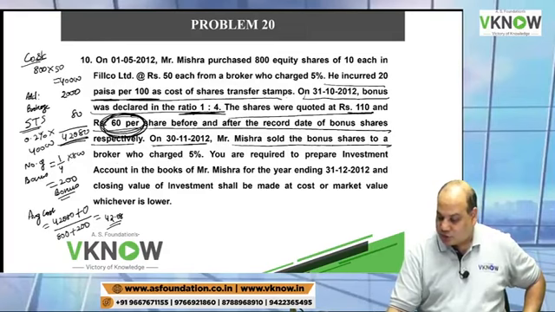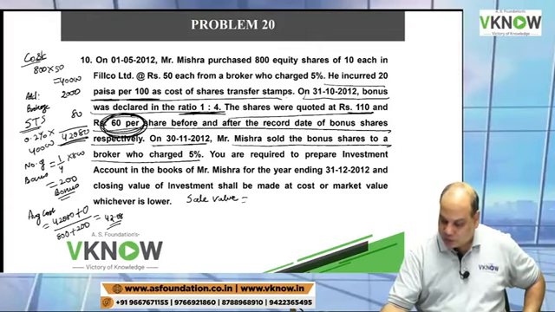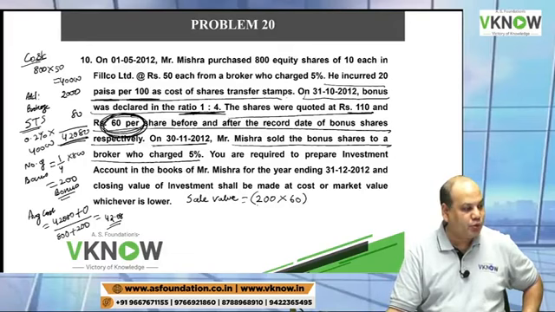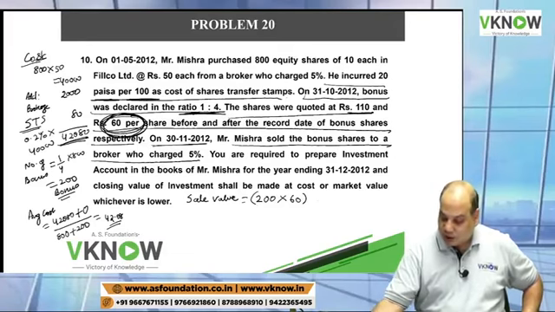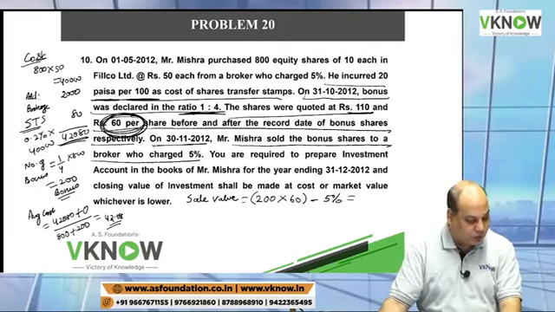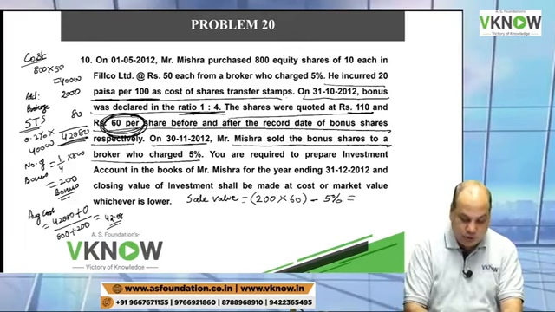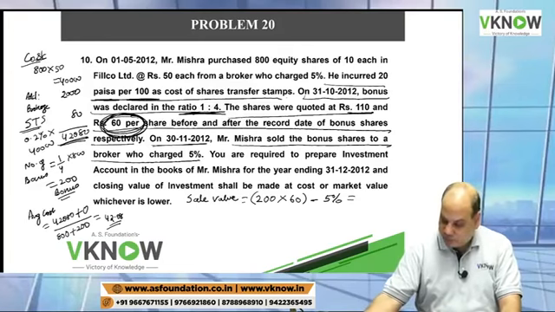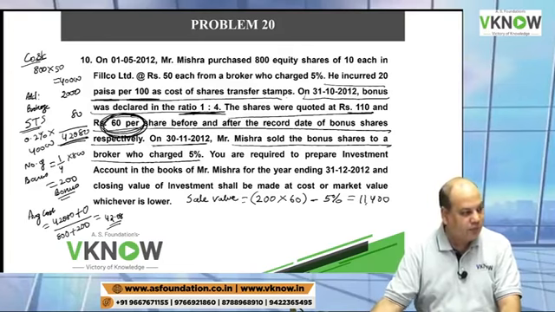Then there is a sale also. Mishra sold bonus shares to a broker who charged 5%. So sale value will be number of bonus shares 200 into market price after bonus issue 60, minus 5% brokerage. So sale proceeds would be 200 into 60 minus brokerage 5%. That is 11,400.